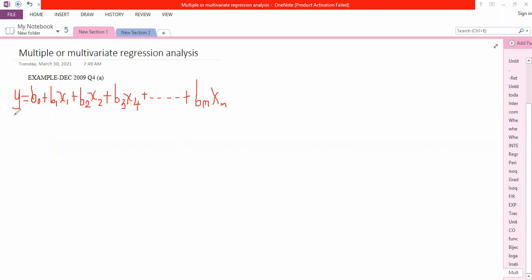So our y as our dependent variable is going to be given by, I'm going to start with the B naught. B naught is my constant, whose value is given as 13.7172.